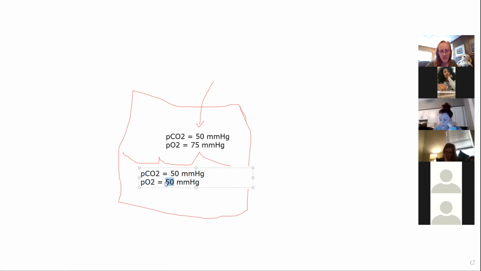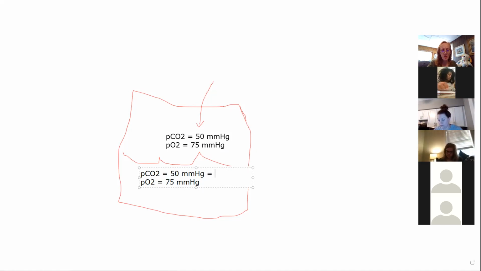And 75 for oxygen. Nevertheless, the solubility of carbon dioxide is going to be higher. It's going to be more easily solubilized into water than oxygen is.